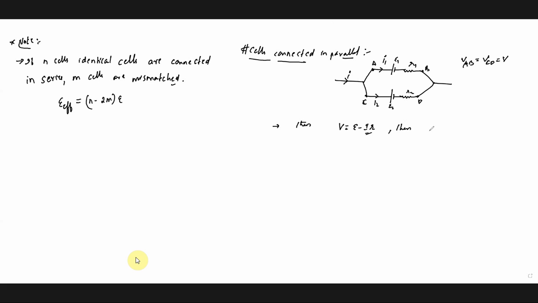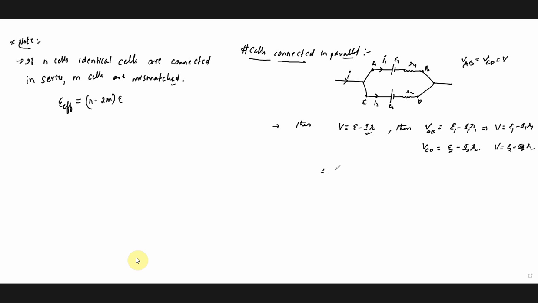Then the terminal voltage across the first cell is E1 minus I1 R1, and similarly VCD is E2 minus I2 R2. But the potential drop across AB and across CD are the same. That implies V is equal to E1 minus I1 R1, and V is equal to E2 minus I2 R2.